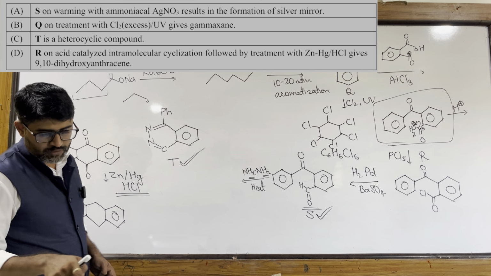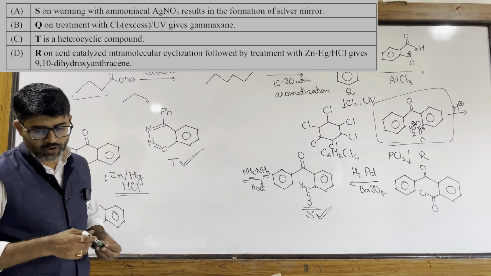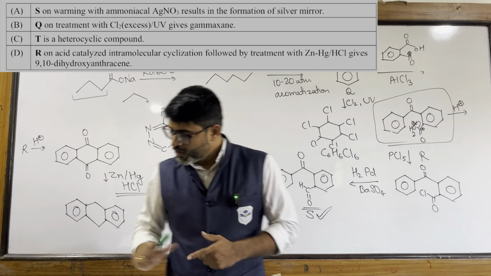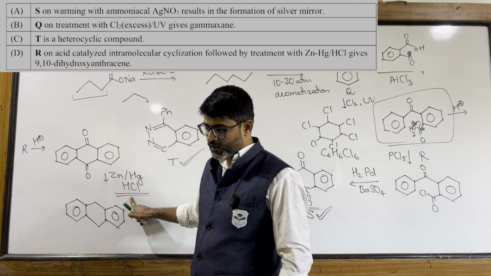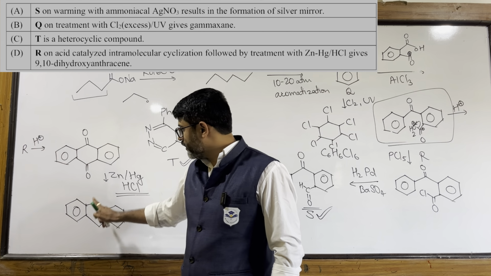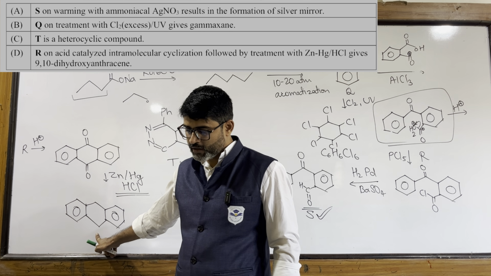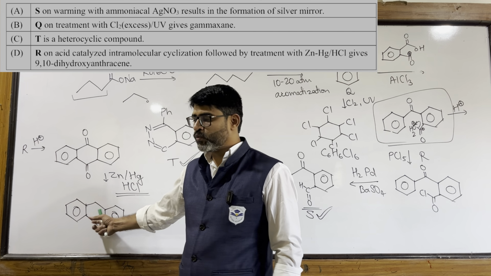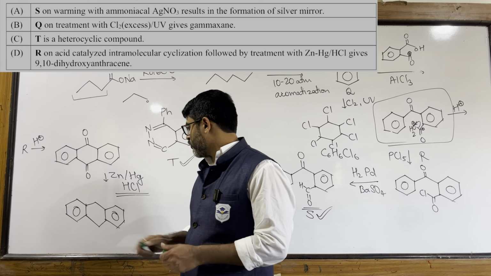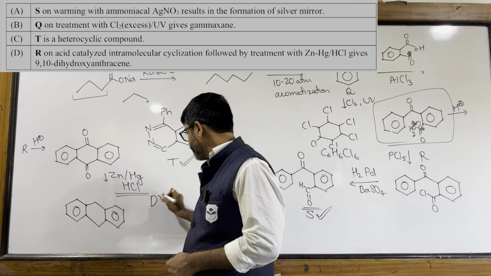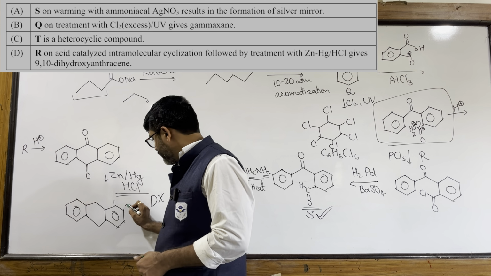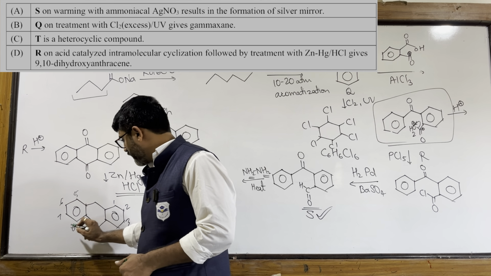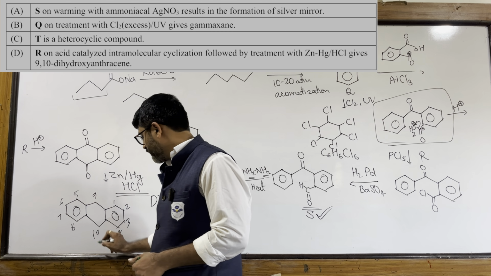For the reaction in option D, R on acid catalyzed intramolecular cyclization followed by treatment with ZnHgHCl gives 9,10-dihydroxy anthracene. There is no hydroxy group in this compound. So this option is totally wrong. If you do the numbering, it is 1, 2, 3, 4, 5, 6, 7, 8 and we have the 9th and 10th carbon here.